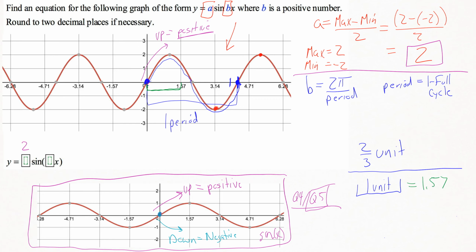We need 2/3 of a unit to get from 3.14 over to where that line crosses. So we take 2 over 3 and multiply it by what 1 unit is, 1.57.